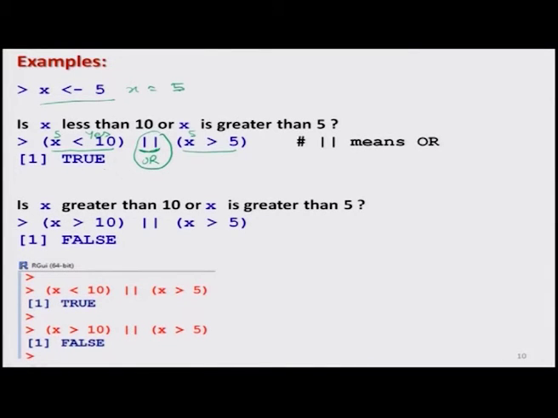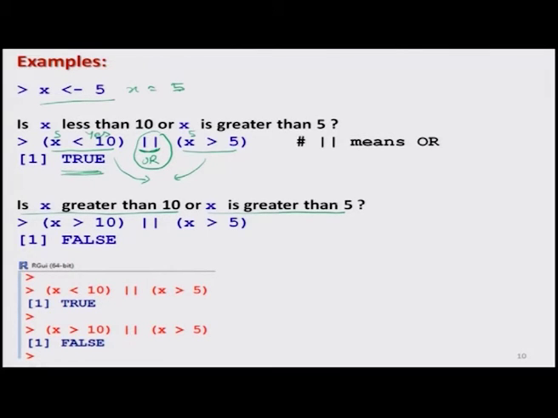So, if any of this statement or this statement is true, the answer will come out to be true, and that is what R is telling us, that the answer is true. I will try to operate it on the R console to illustrate it, but before that we try to understand it first. Now, suppose there is another question I want to know: is x greater than 10 or x is greater than 5?